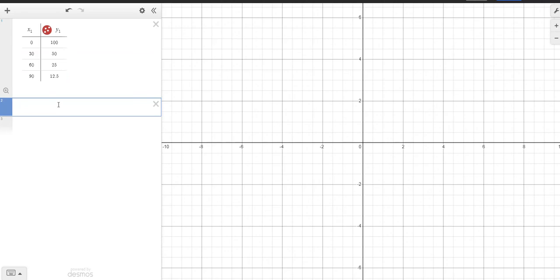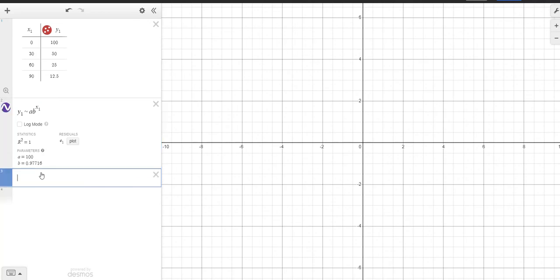We had calculated this by hand, but I'm just going to remind you that if I do my usual a b to the t, oops, it's got to be x1 here. There's that a is 100, and there's that b equals 0.977, exactly what we had calculated by hand. Let's see what happens if I change the model.